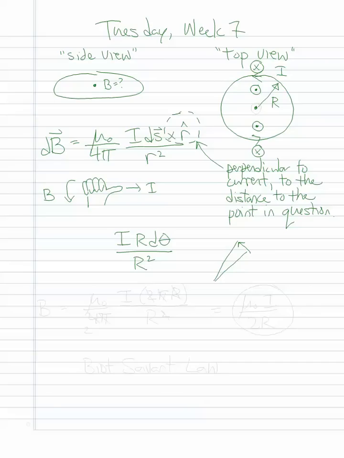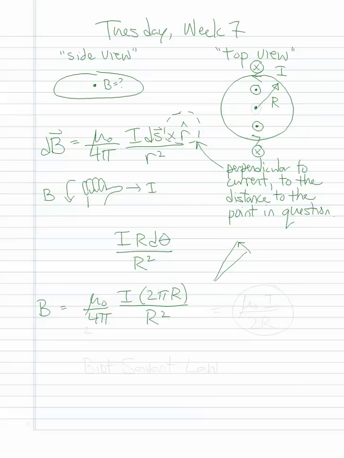But really, why would I even bother? Because once I do this, I'm just going to get I times 2 pi r, the circumference of the circle. And that's really what I encourage you to do when you can. So divided by r squared, and we have mu naught over 4 pi, and I think that's it.